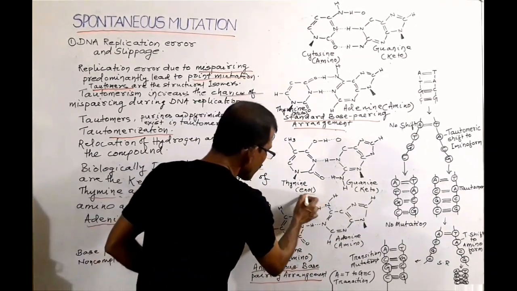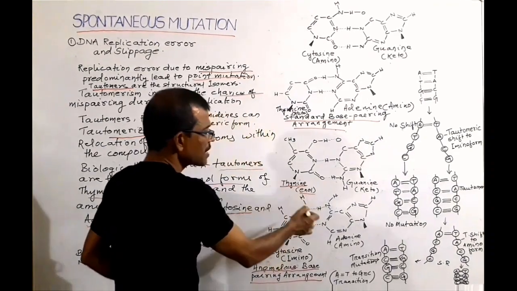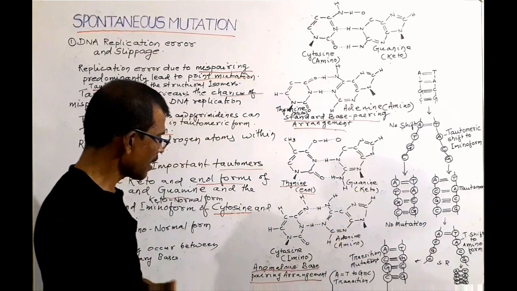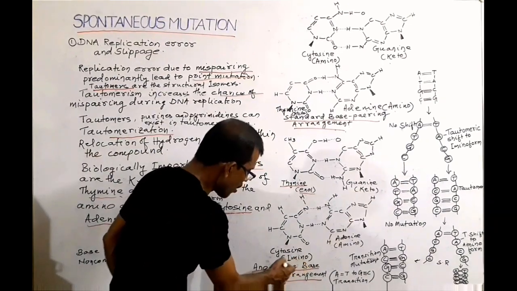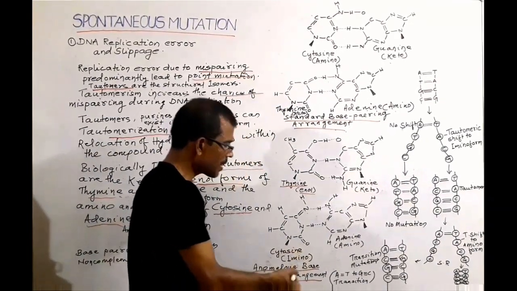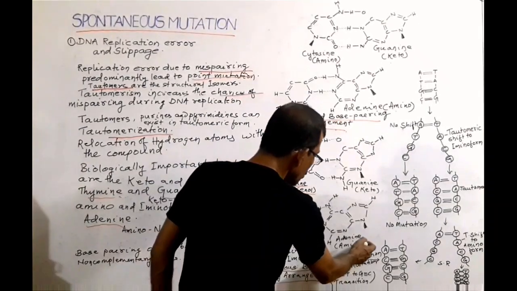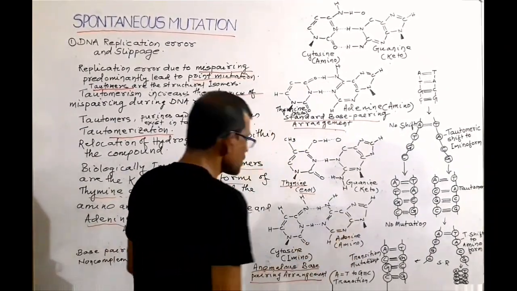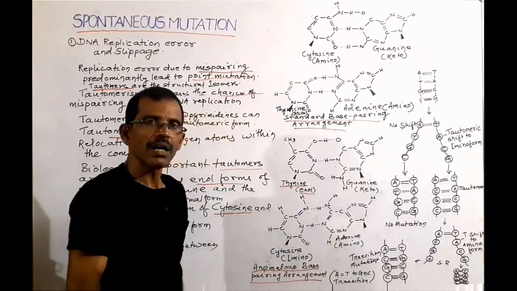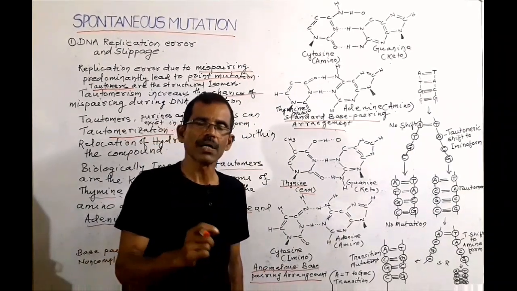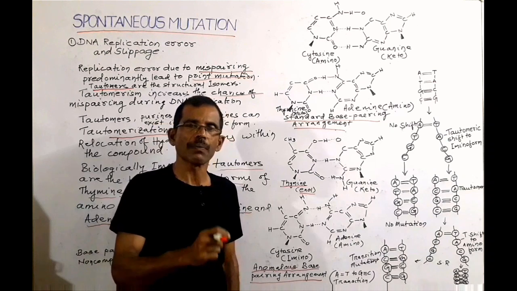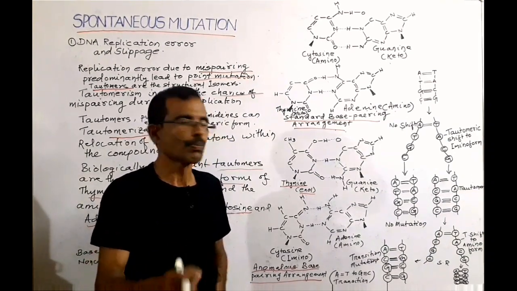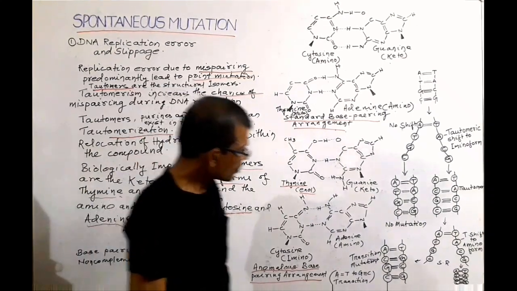So, the enol form of thymine base pairs with guanine keto form. Similarly, the imino form of cytosine base pairs with amino form of adenine. This is another anomalous base pairing. So, whenever anomalous base pairing occurs during the process of DNA replication, that gives rise to point mutation.